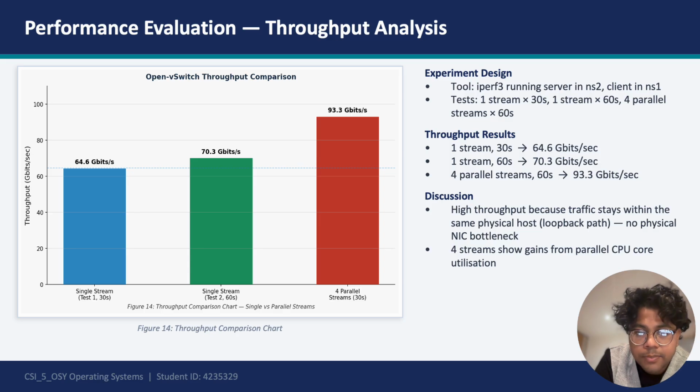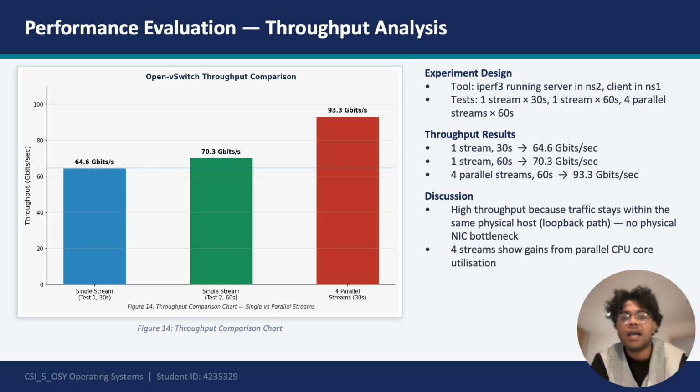A single stream for 30 seconds achieved 64.4 gigabits per second, and the longer 60 second test with one stream got 70.3 gigabits per second, suggesting the system reaches peak performance once initial buffers are warmed up. Four parallel streams pushed the throughput to 93.3 gigabits per second.